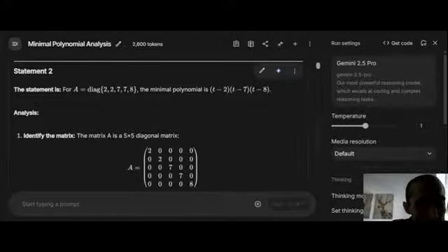Okay, so the idea is to see what the minimal polynomial of a diagonal matrix is. Now, remember that the minimal polynomial of a matrix contains all of its eigenvalues. And remember that a diagonal matrix by definition is diagonalizable, because you can diagonalize it with the identity matrix, and it's diagonal by itself. So the minimal polynomial of a diagonalizable matrix must divide into distinct linear terms.